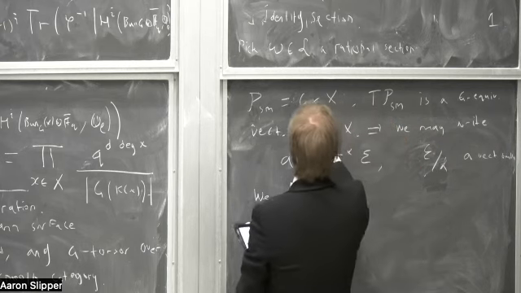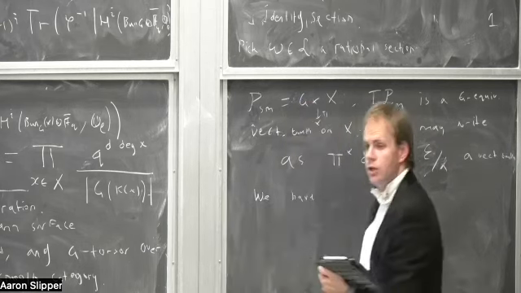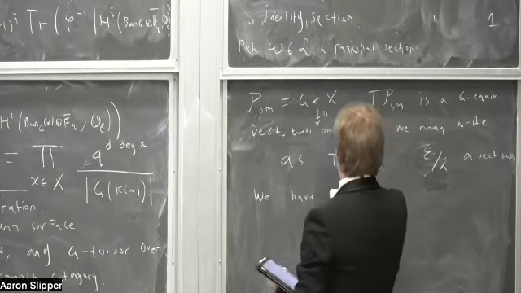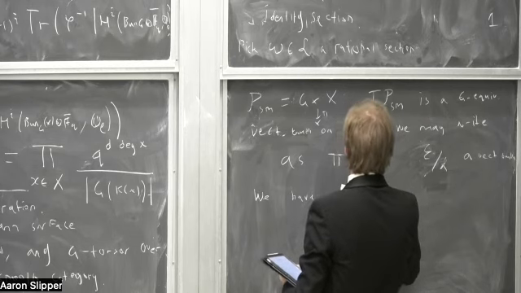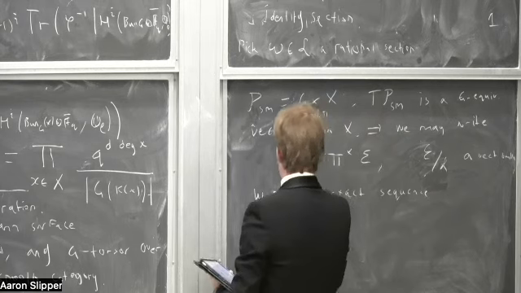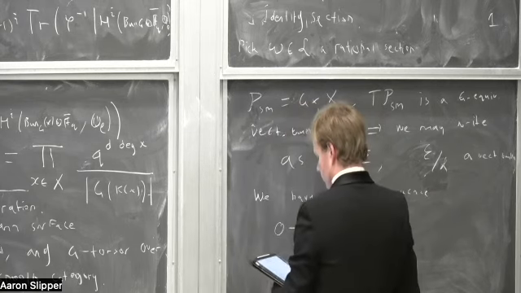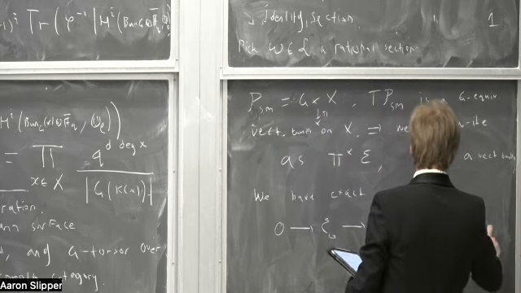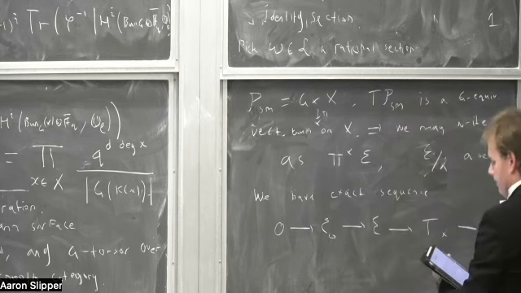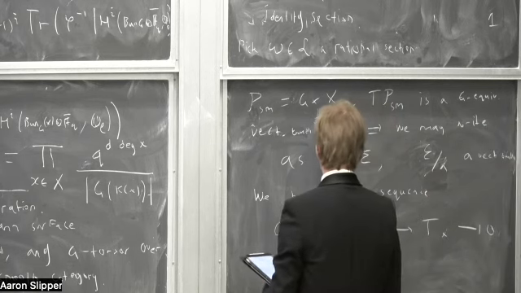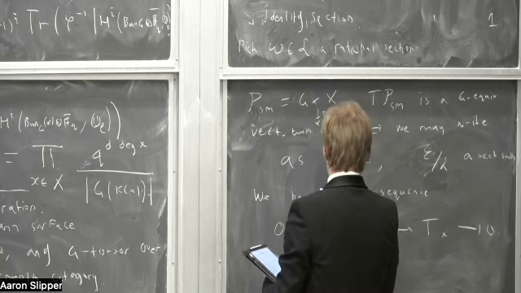So we have pi mapping to X being the standard projection. Okay. So we have an exact sequence, where E0 is the adjoint bundle.